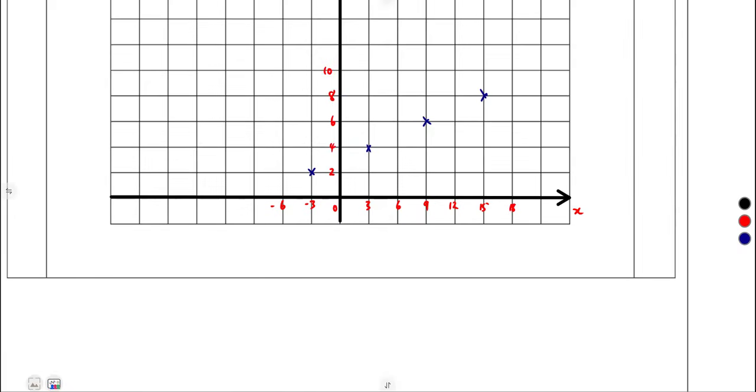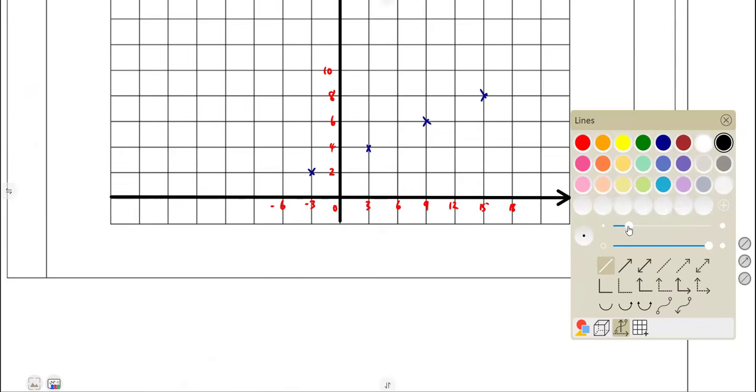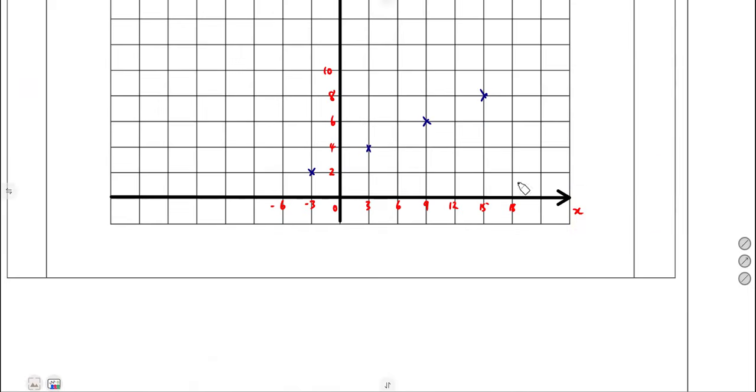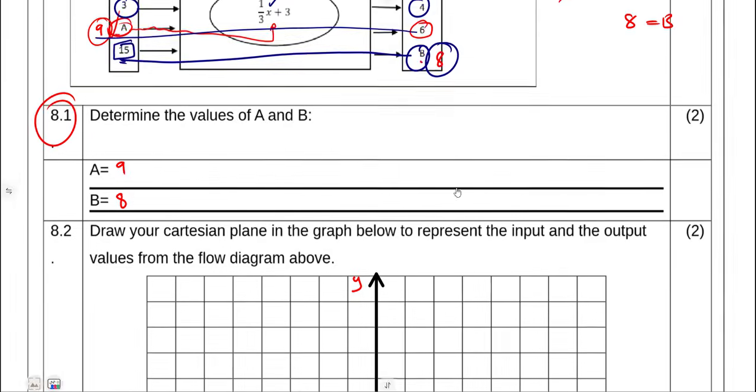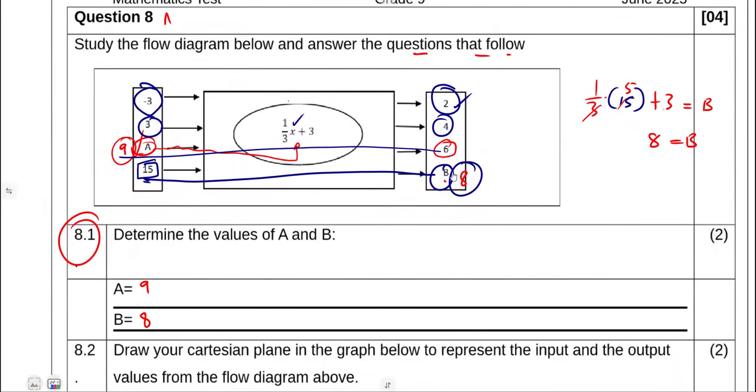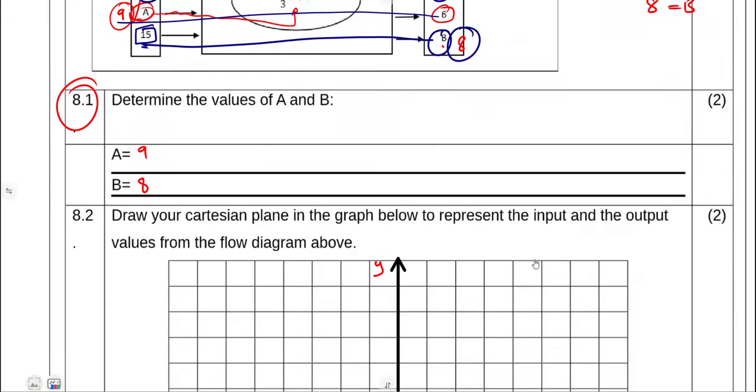So these points do form a straight line. By joining these points, you are drawing the straight line, representing the relationship which was given from the flow diagram: y is equal to a third x plus 3.